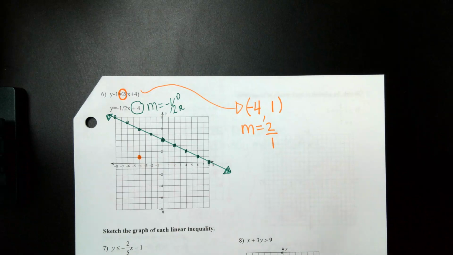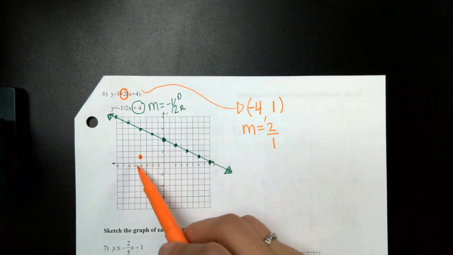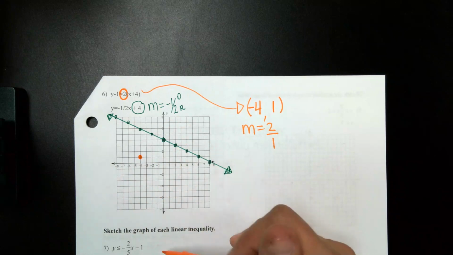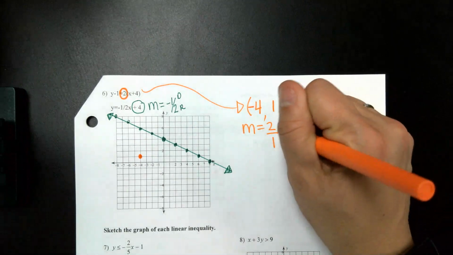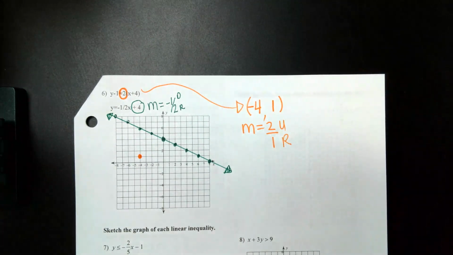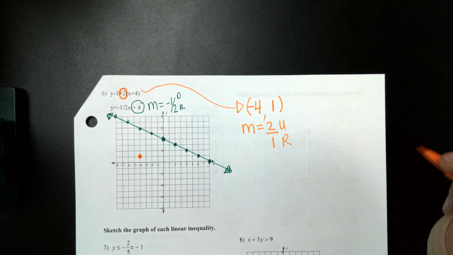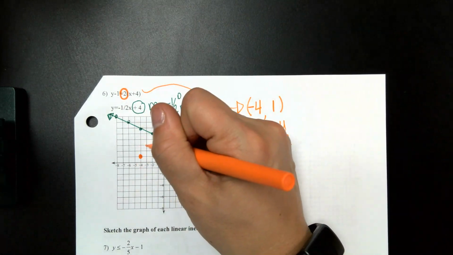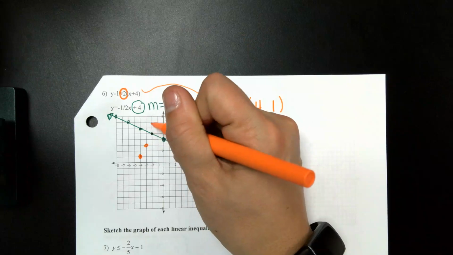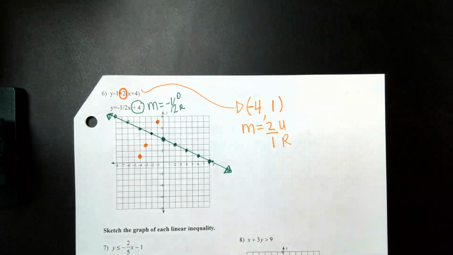So when you guys have point slope form, most of the time you're not starting on the X or the Y axis. They're just giving you an ordered pair of where to start, and then we're going to use the slope. And if it's positive, up and right. So I'm going to go up 2, right 1, up 2, right 1, up 2, right 1.